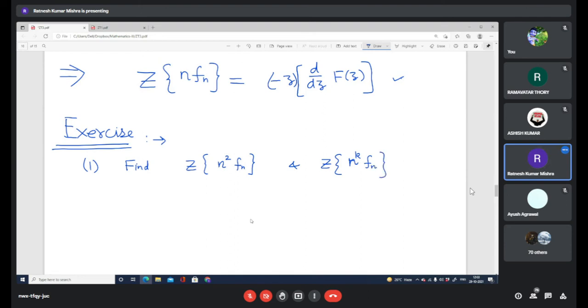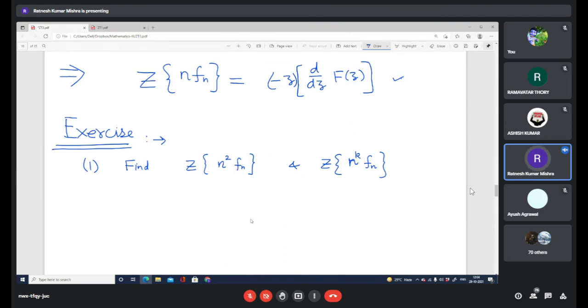So this is an exercise for you. Find the Z transform of n square Fn and find the Z transform of n power k Fn. So these two are the exercise.